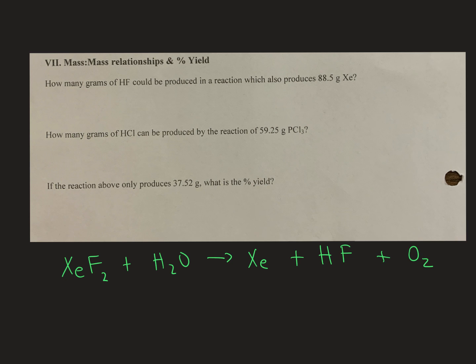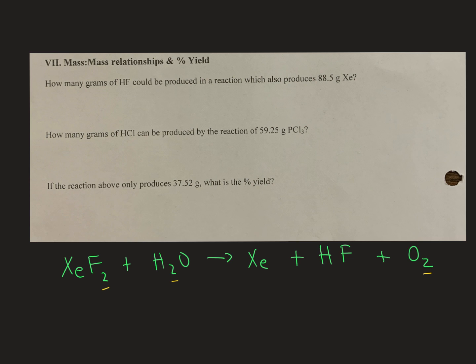Good? All right, so where should we begin when balancing? With 1 or 2? 2 is the biggest number, right? It appears 3 times. So which one do you want to start with? The first one? Sure.